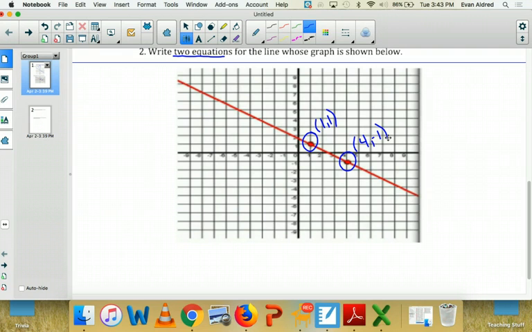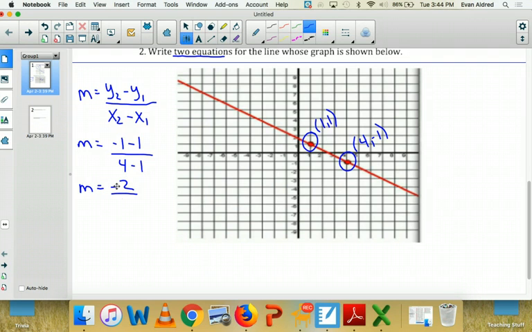So we can come up with our slope quite easily once we have our coordinates by using the formula that we continue to use, which is m equals (y2 minus y1) over (x2 minus x1). So our slope is going to be negative 1 subtract 1 over 4 subtract 1, which, when simplified, is negative 2 over 3. So we have our slope.